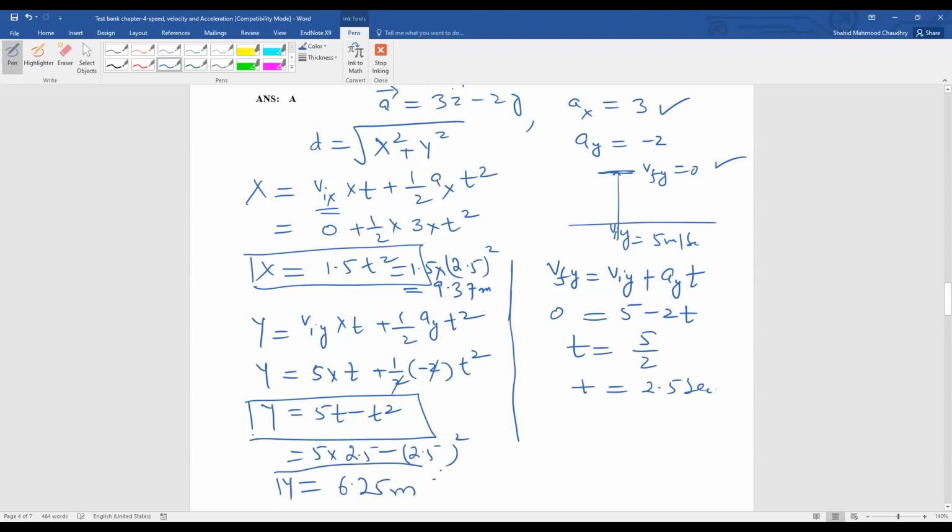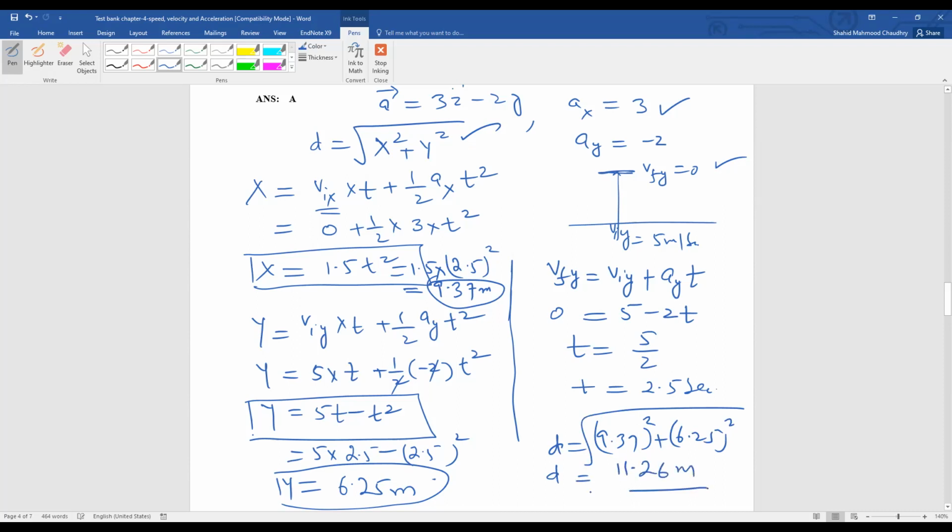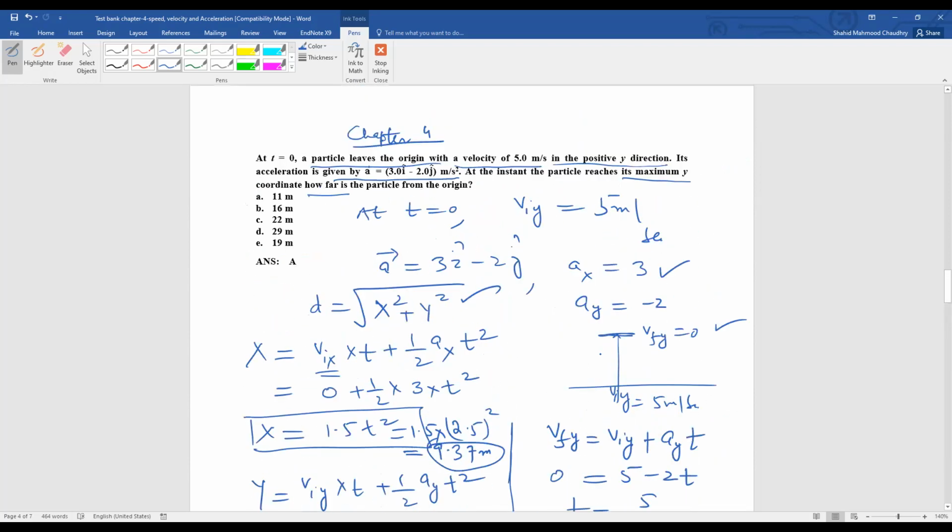This is our y value and this is our x value. So apply this formula: 9.37 squared plus 6.25 squared, under root. When you solve this, you will get 11.26 meters. So this is our answer, and in the book the answer is written as approximately 11 meters.